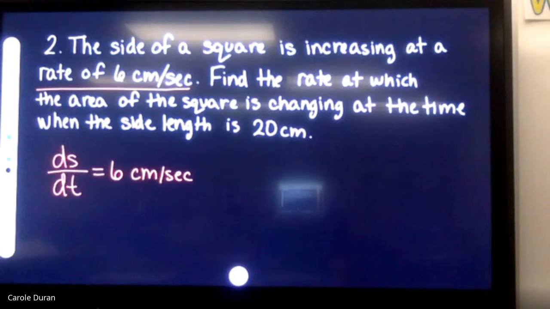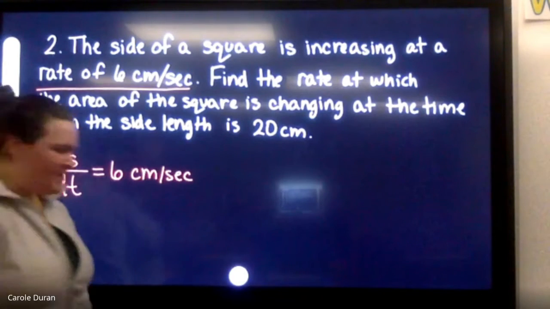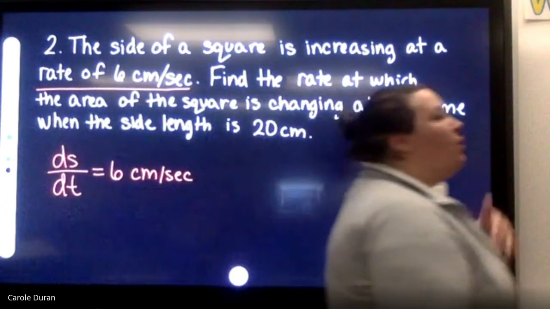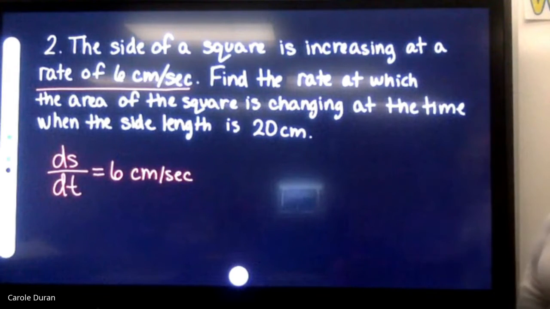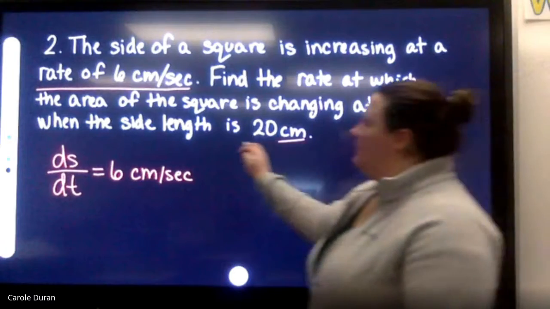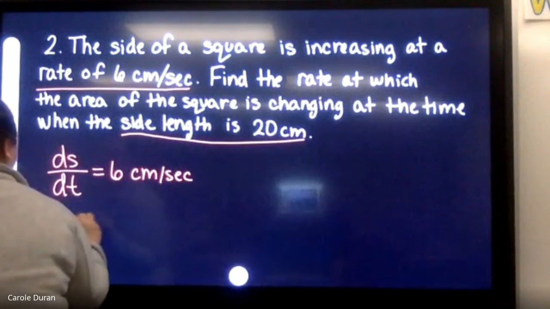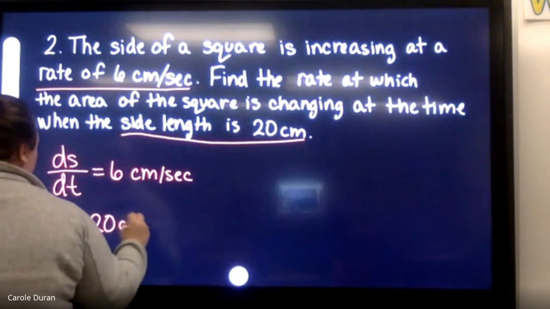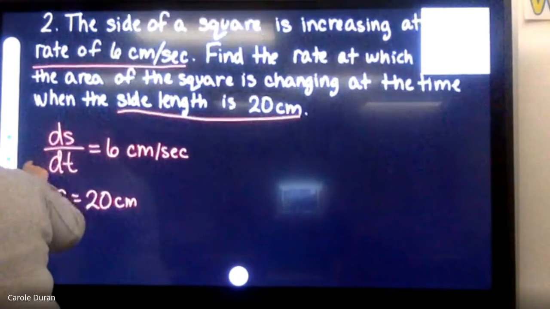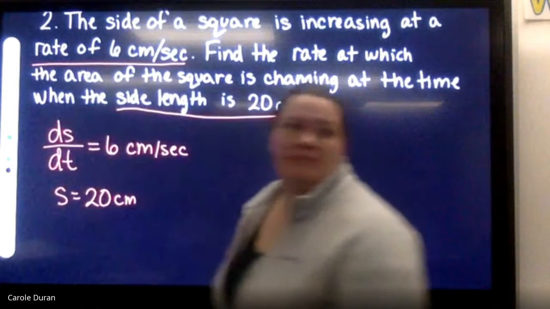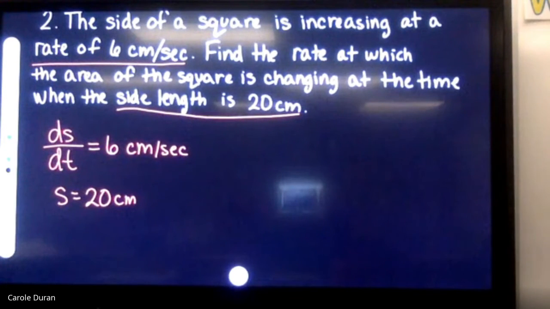Okay, so what other piece of information do I have, or what piece of information will I be solving for? I have the side length, right? It tells me my side length is 20 centimeters, so that's s. Do I have the area, or am I solving for the rate at which the area is changing?